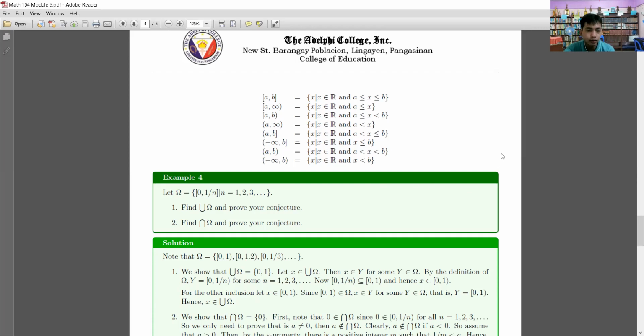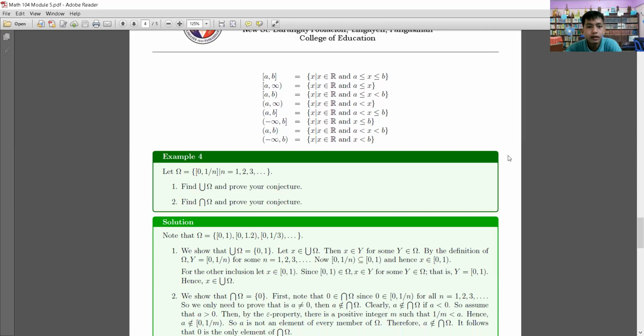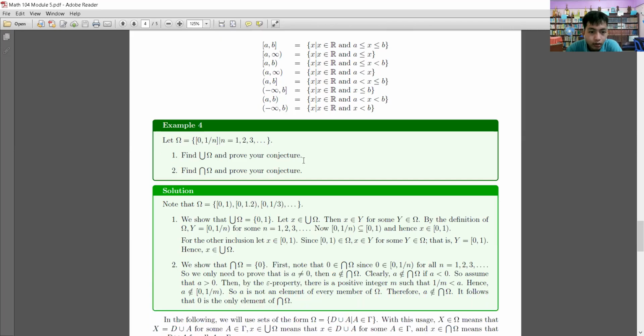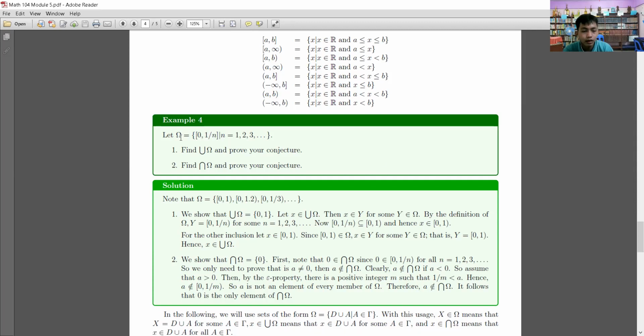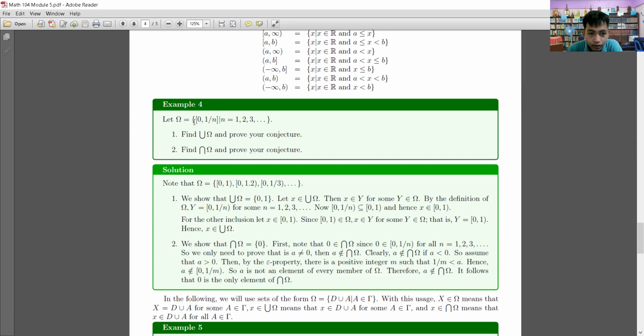First find the generalized union, and next find the generalized intersection. The first thing we always do is figure out what the sets look like. In this case, what do the intervals in omega look like? Here, omega is a set of intervals.